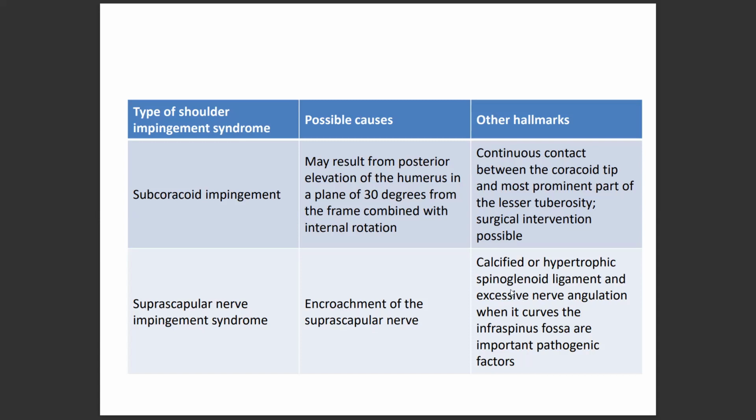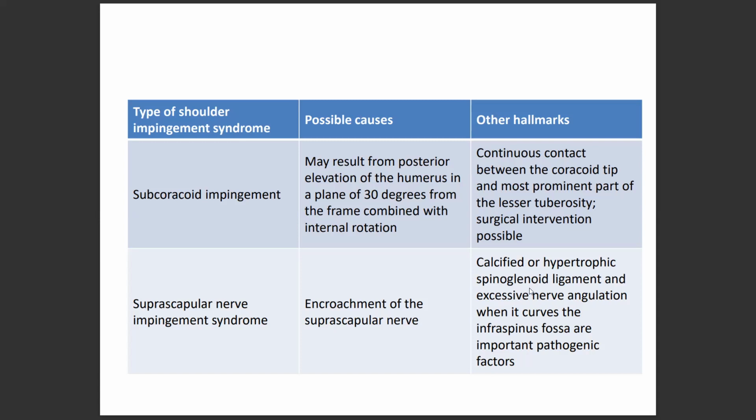Calcified or hypertrophic spinoglenoid ligament and excessive nerve angulation when it curves around the infraspinous fossa are important pathogenic factors. We discussed these structures in the previous lecture when we were discussing the shoulder dislocation. What we mean by the spinoglenoid ligament is that ligament which is supporting the spinoglenoid notch.